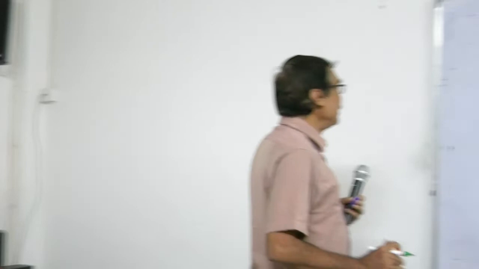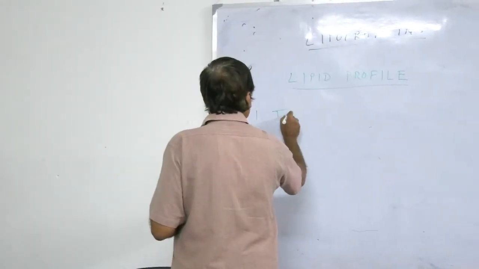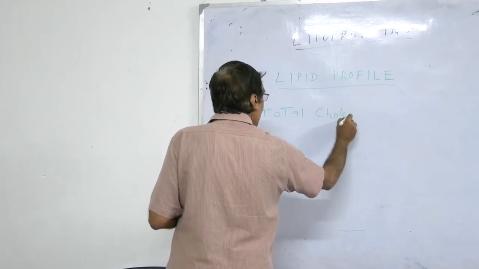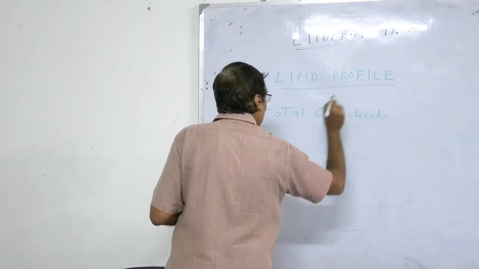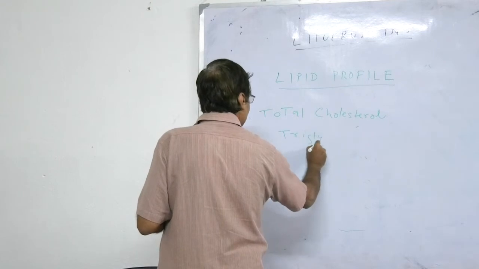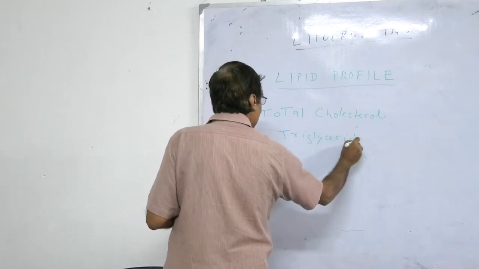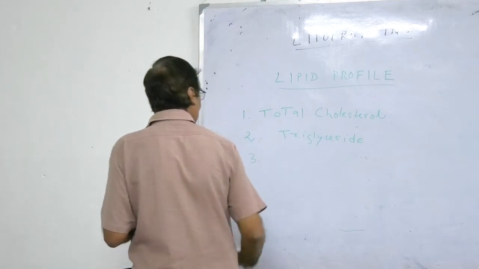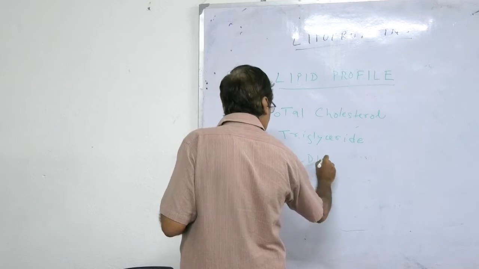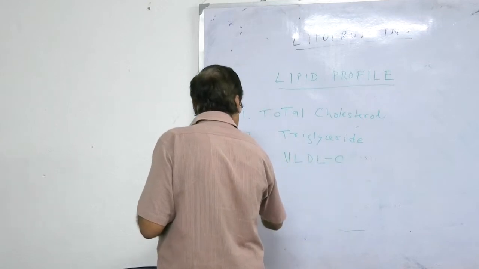Then what are the parameters of the lipid profile? What are the components of the lipid profile that we have to test? The components are: total cholesterol. Why do I say total cholesterol, not only cholesterol? I will explain later. Number two, triglyceride. Number three, VLDL cholesterol, not VLDL.